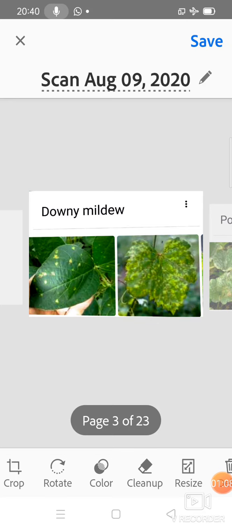Downy mildew is chiefly caused by members of Peronosporaceae family of fungi, and downy mildew is seen mainly on the cruciferae family or on grapes, downy mildew of grapes.